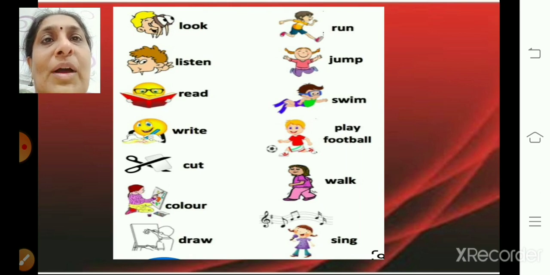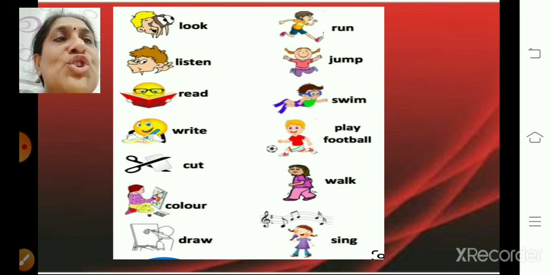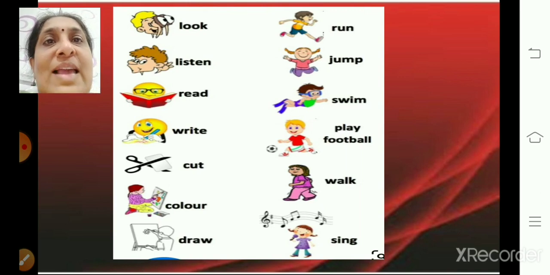Yes, words as verbs. See, here are some examples: look, listen, read, write, cut, color, draw, run, jump, swim, play, play football, walk, sing.